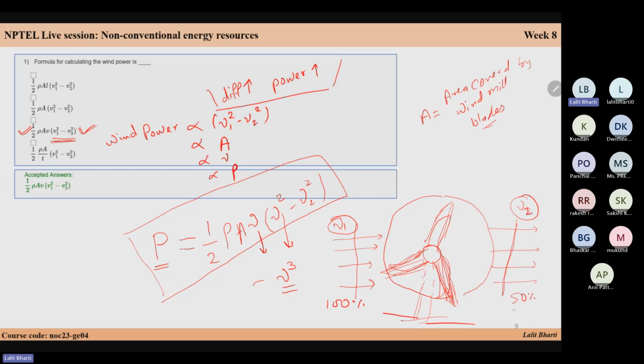So wind power is proportional to the difference of v1 square minus v2 square, the sweep area, then velocity, and then rho, which is a constant for the fluid. For air it is fixed. So these are the relations. So option 3 is correct, and this relation is correct in that case.